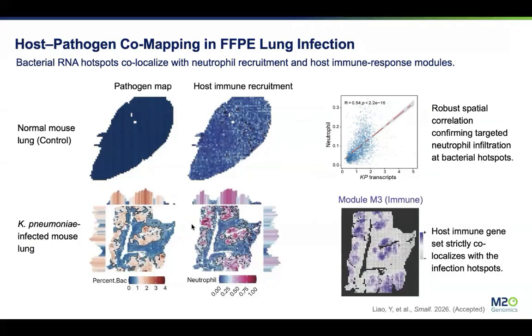In the infected tissue, bacterial RNA is concentrated in discrete spatial hotspots, which overlap with regions of neutrophil infiltration. We quantified this relationship in the upper right panel over here and observed a strong spatial correlation between bacterial burden and neutrophil recruitment.